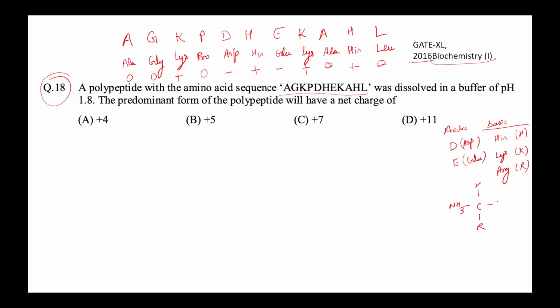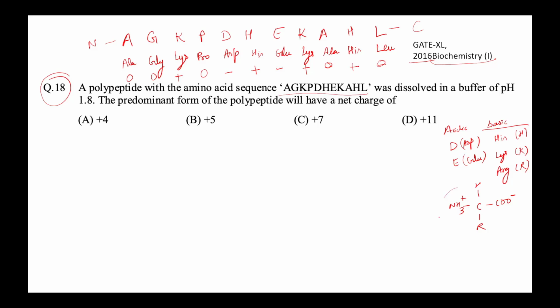Okay, so these residues also have charge, a positive charge and a negative charge. If I leave out the N terminal and the C terminal, all the other residues in between are involved in making peptide bonds with each other.